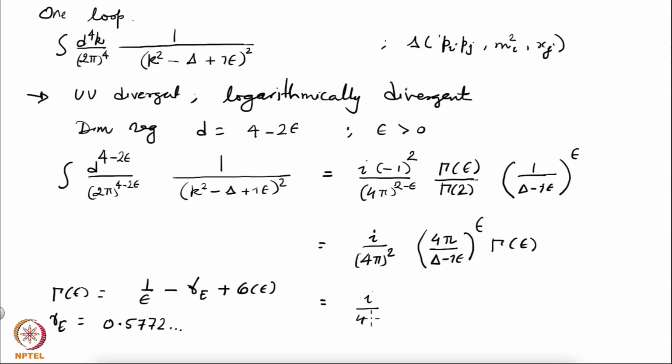i over 4 pi squared, 4 pi over delta minus i epsilon. This epsilon is different from this epsilon.